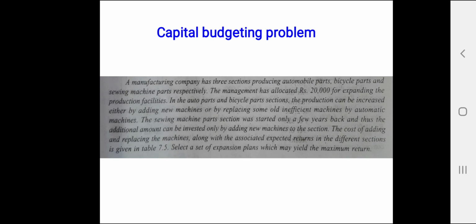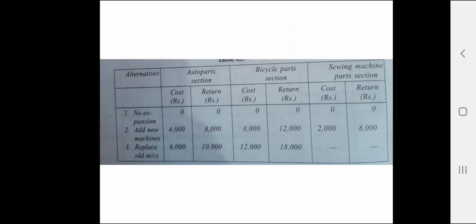The cost of adding and replacing the machines along with the associated expected returns in different sections is given in the next table, in the data of the question itself.